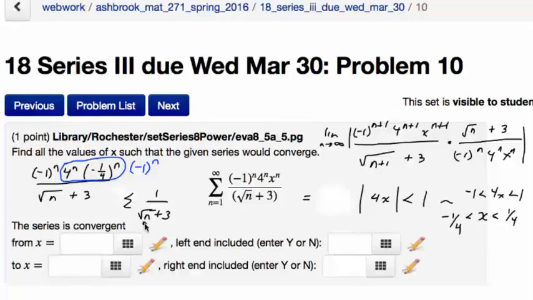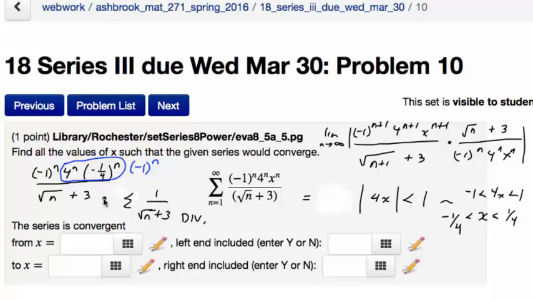It's a lot like a p-series. It's just slightly less than a p-series, but not, so the plus 3: when n gets large, the plus 3 is insignificant. It has no bearing on the problem. So really we have a divergent p-series because p is 1/2. So that's divergent, so we're not going to include negative 1/4.